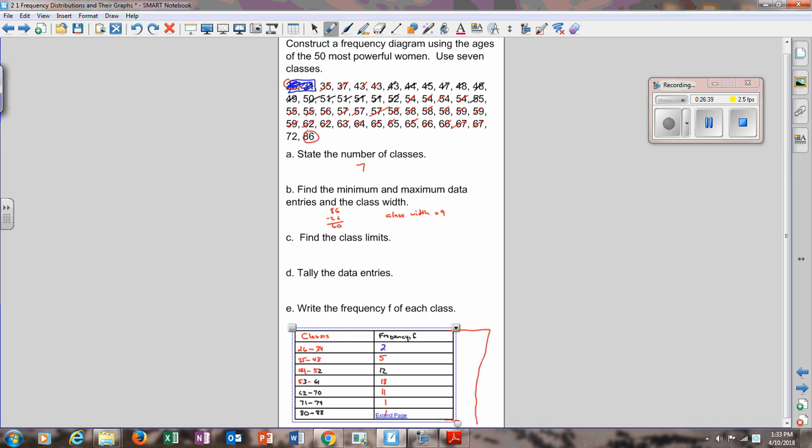Oh, that's nice. Make that class mark. That would be 30. And then you just keep doing it. 35 plus 43 divided by 2. So maybe 39.